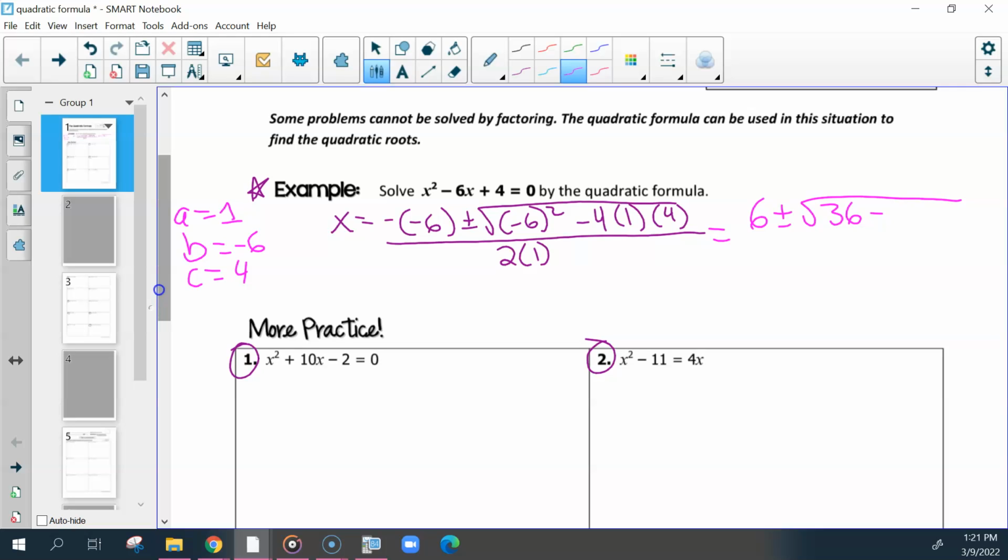So 16. We're leaving the minus. And then all over 2. Then we can simplify some more. 36 minus 16 would give us 20.